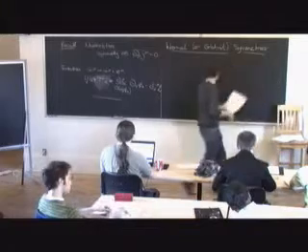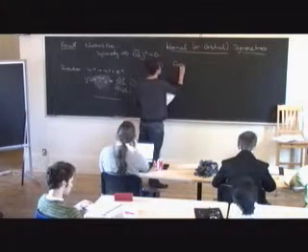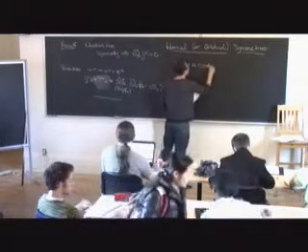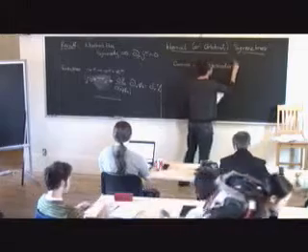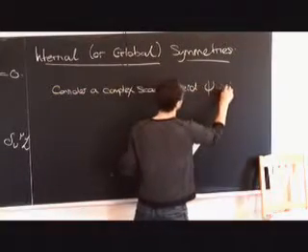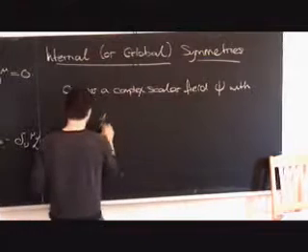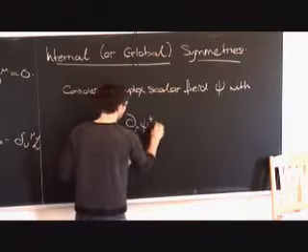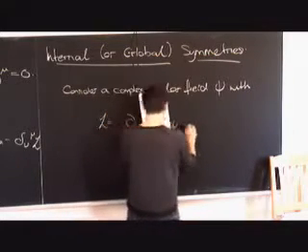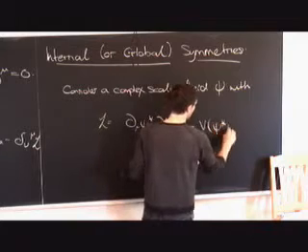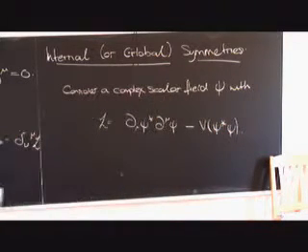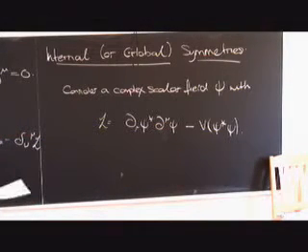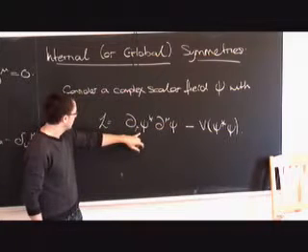Okay, good. So I'm just going to give a particular example. Consider a Lagrangian with a complex scalar field. And the Lagrangian is going to take the form... okay, so a few things to say here.